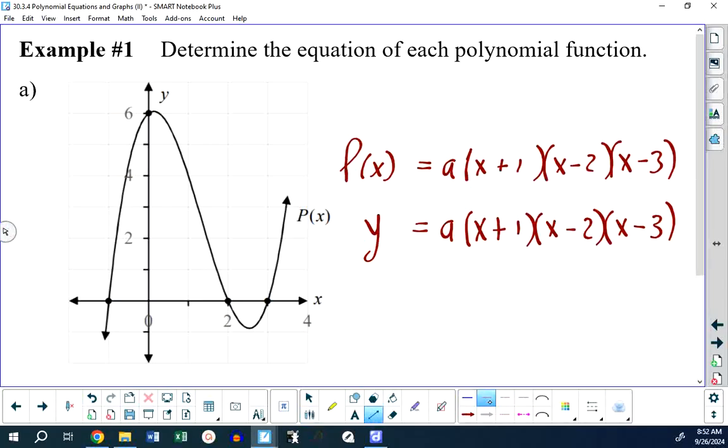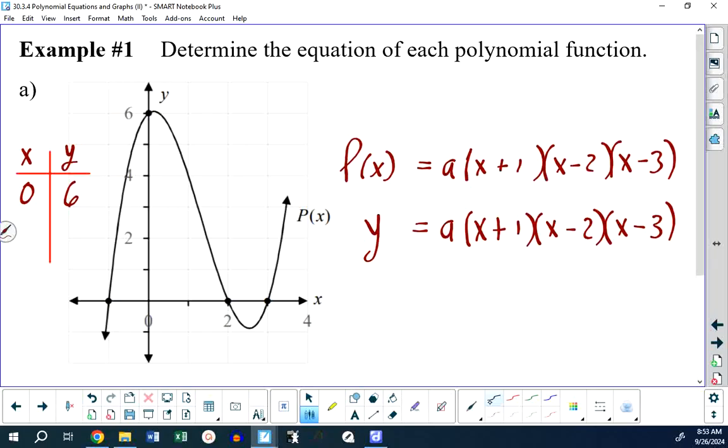What you do is you look at points that are on the graph. For example, (0, 6) is a point on the graph. So is (2, 0) and (3, 0) and (-1, 0). But none of those will be useful because they will collapse the equation to 0 equals 0.